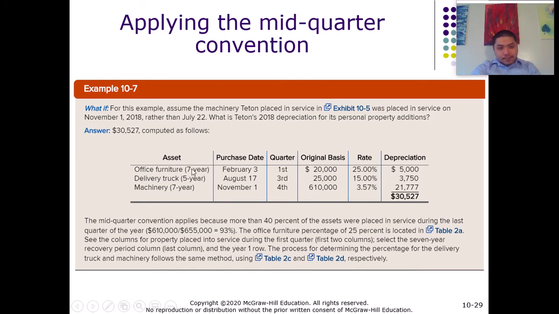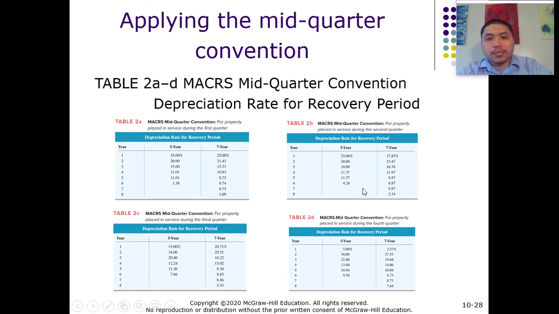All right, so that was the first item. The second item was the delivery truck, and the truck was placed into service in the third quarter. This truck is a 5-year recovery period item. So we go back to the tables and select this table, which is for property placed in service during the third quarter, and the truck is a 5-year recovery period asset.